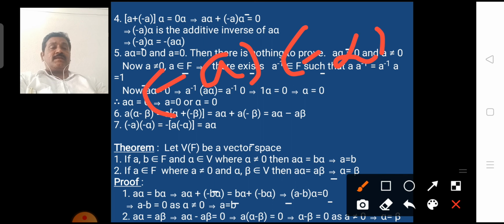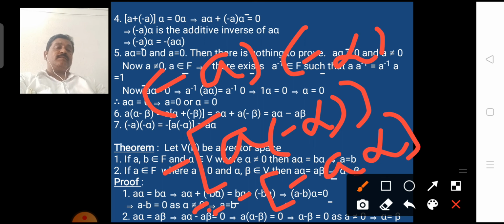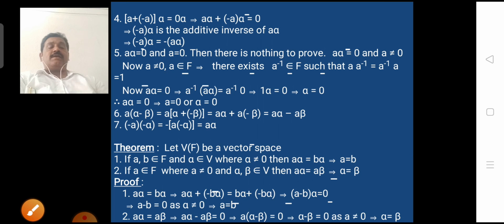This is minus of A into minus alpha equal to minus of minus A alpha equal to A alpha. This is the proof for the seventh one. These are all the characteristics of a vector space, and we complete the theorem of 1.